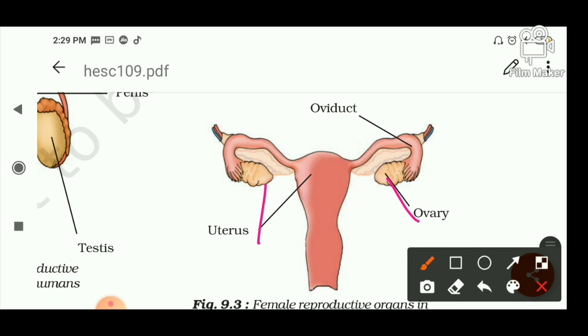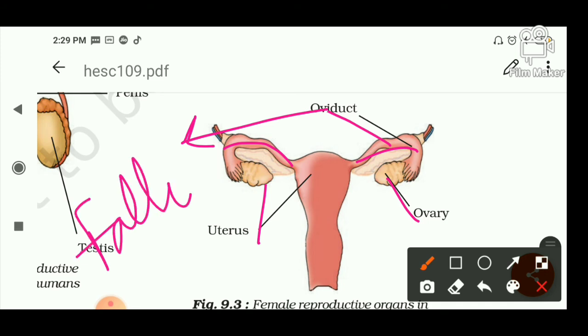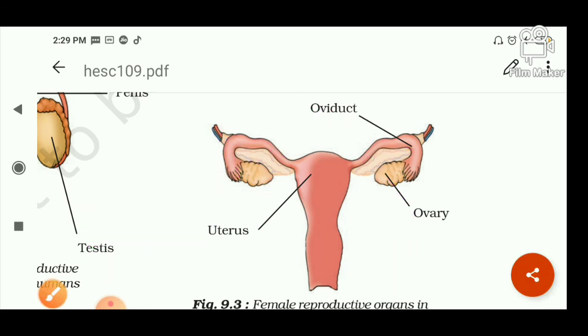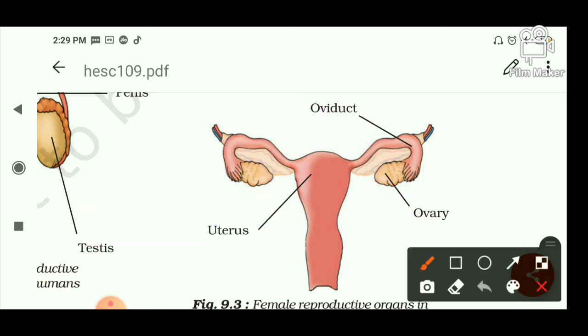A pair of oviducts, also called fallopian tubes. This is the oviduct, this one, and it is also called the fallopian tube, right? Okay. And the middle portion, this one, is called the uterus. This is a pear-shaped structure called the uterus.